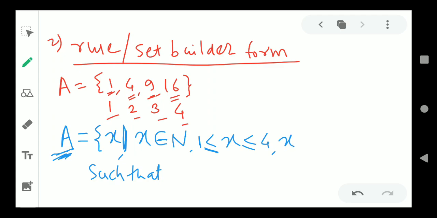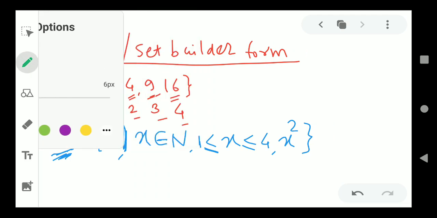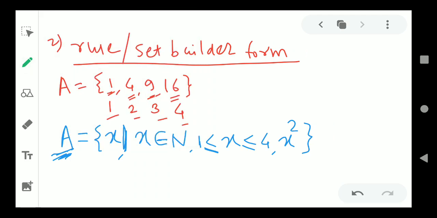So it can be written as x square. So we can see here, look, we will write and read this method of set, which is known as rule method.